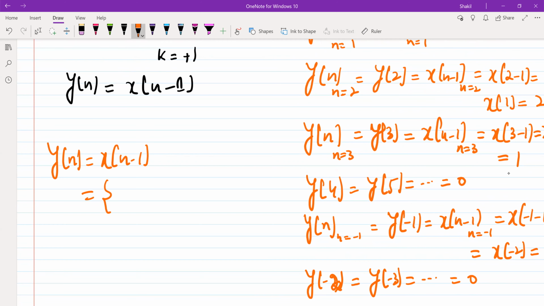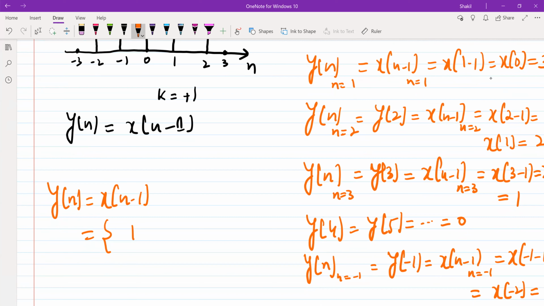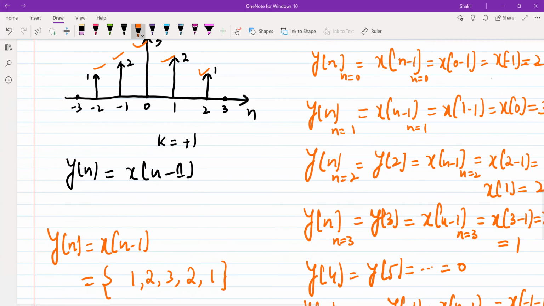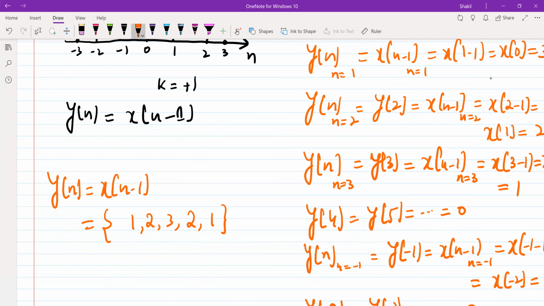So my sequence here is 1, 2, 3, 2, 1. So this is my y sequence, and my origin is here.